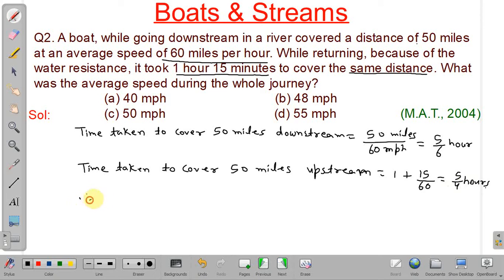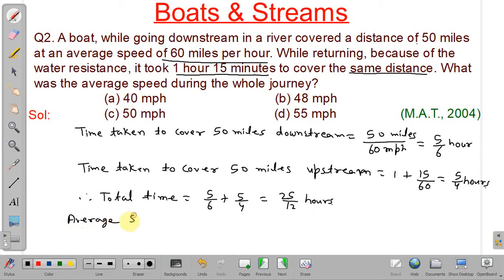Okay. Therefore, what will be total time? Total time of travel will be upstream plus downstream. So 5 by 6 plus 5 by 4 hours and it will be 25 by 12 hours. Now what will be average speed? Average speed equal to total distance.